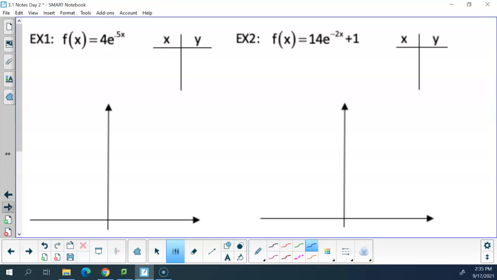First one. F of x equals 4 times e to the 0.5x. Okay? Do we have a d value like we had yesterday? No. So what does that mean? Horizontal asymptote is still at y equals 0. That's a good thing. So let's put that on there first.